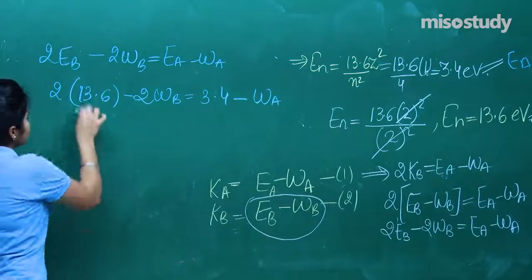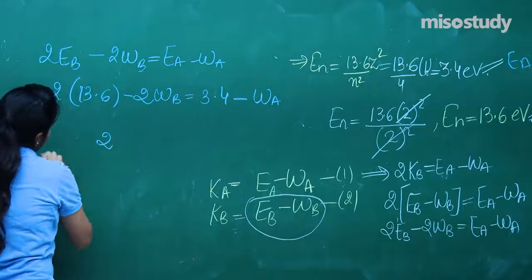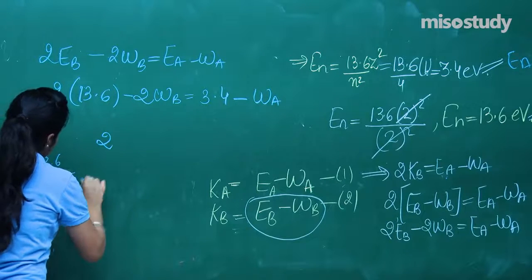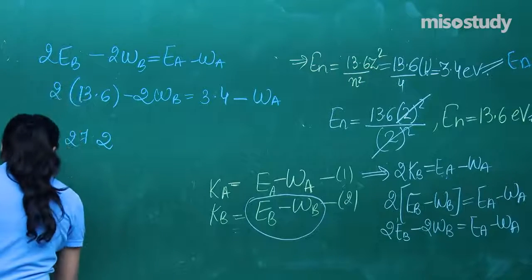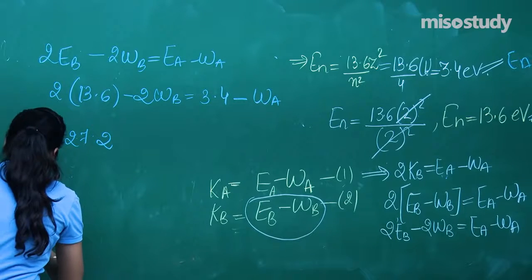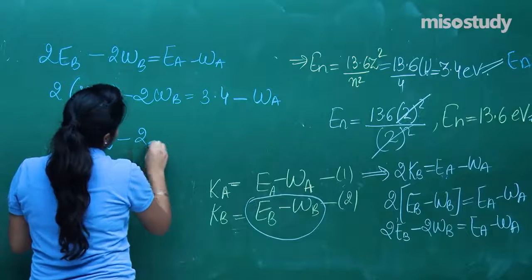Now from here you can see that multiply this, you will be having 13.6 multiplied to 27.2 minus 2WB.